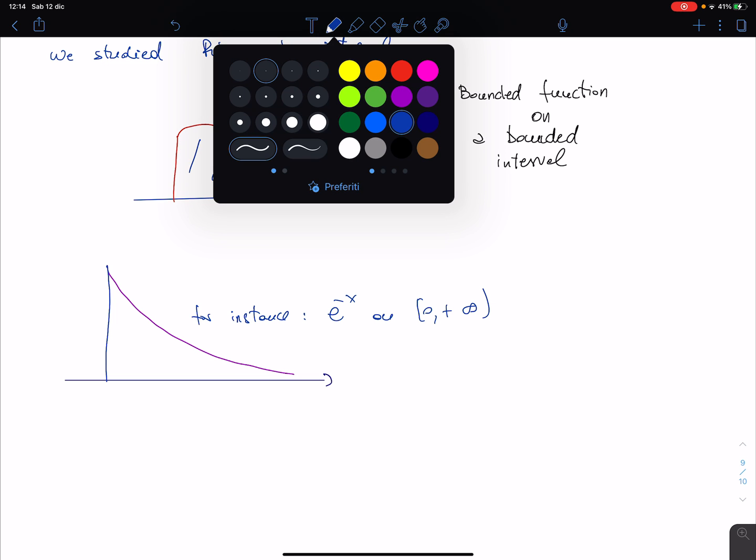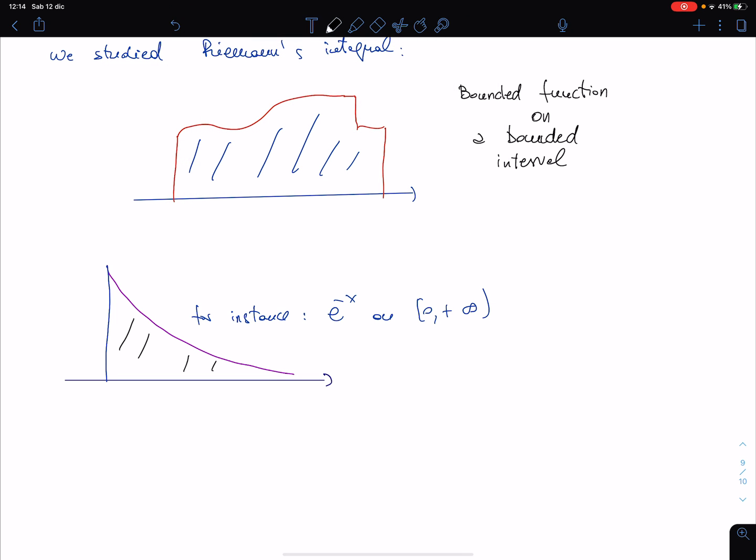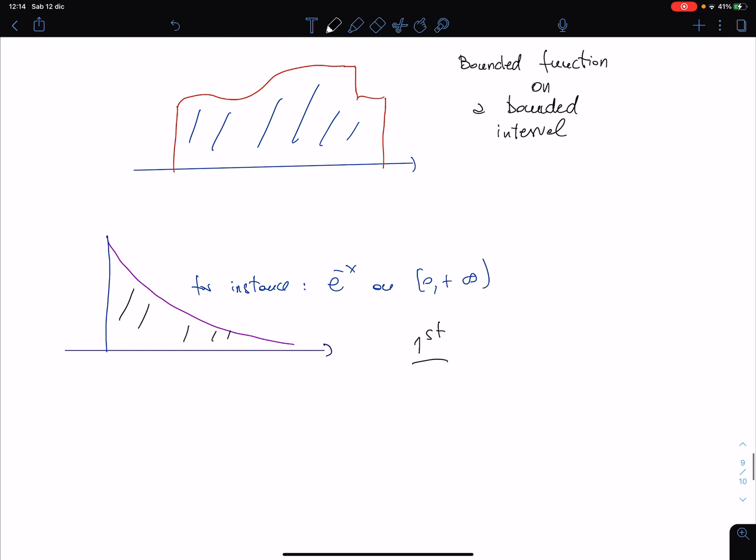So we will study first a bounded function on an unbounded interval.